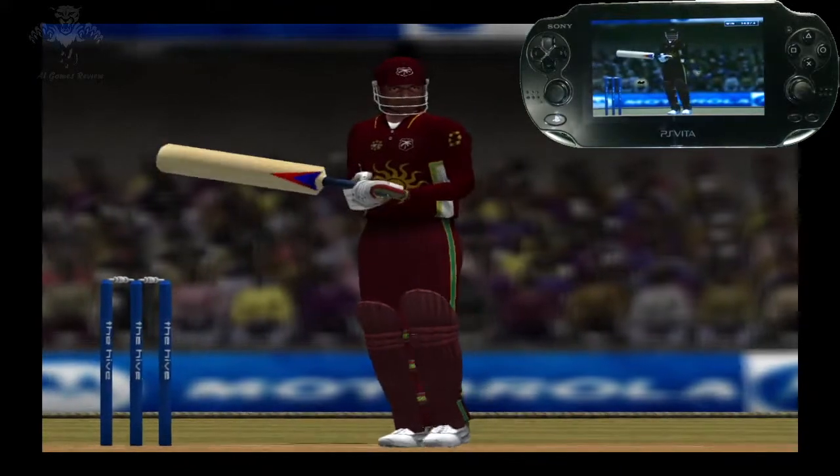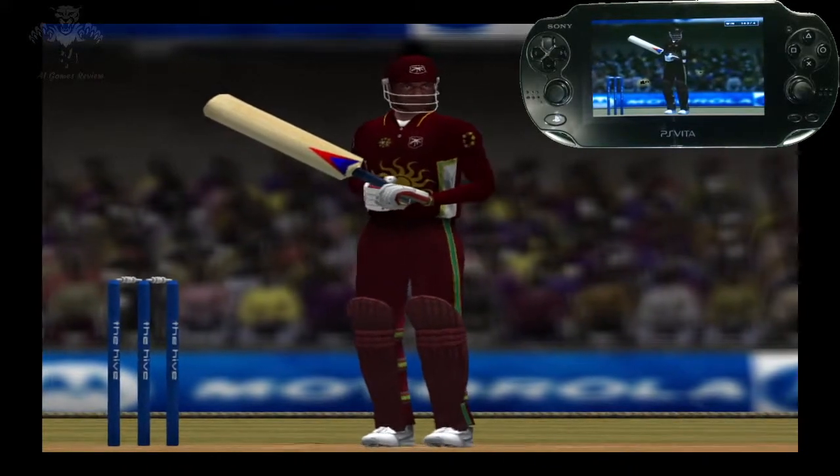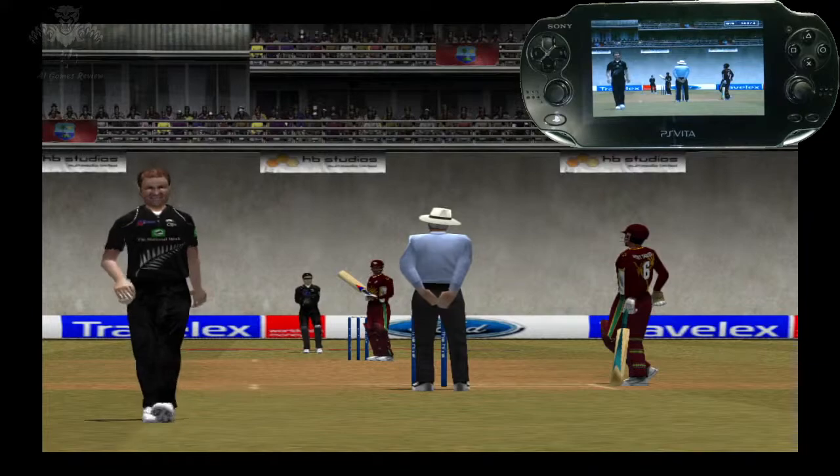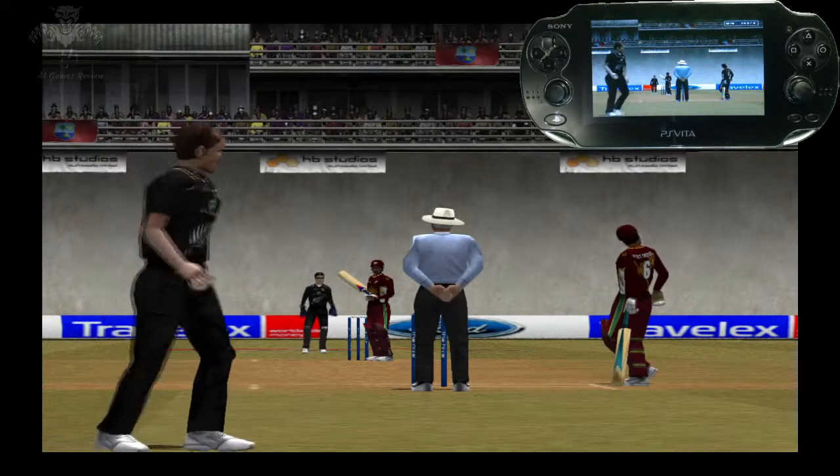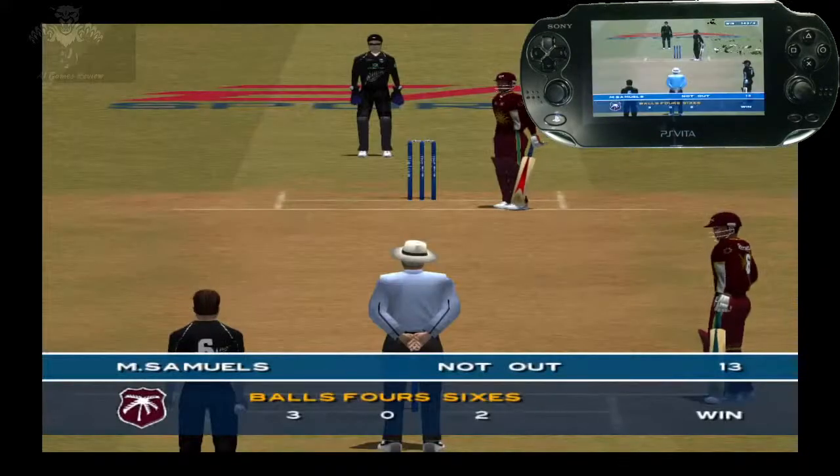That's the second 6 from the over. Samuels facing.